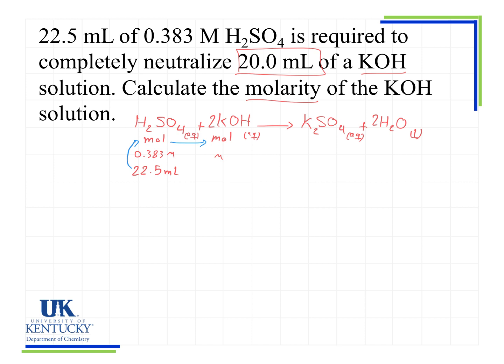So let's start with the volume. So I have 22.5 milliliter of sulfuric acid. Before I go to the mole, I need to make that liter. So 1 milliliter is 10 to negative 3 liter, and this is milliliter and liter of H2SO4.